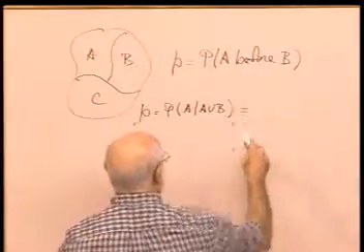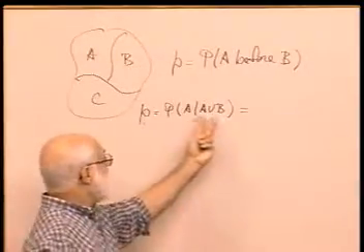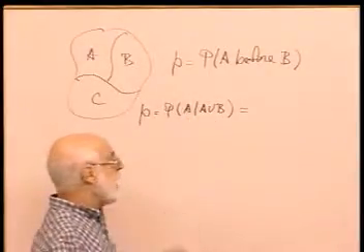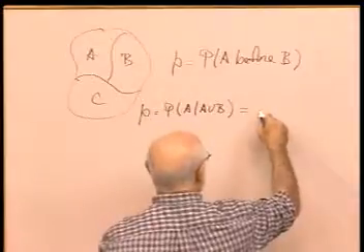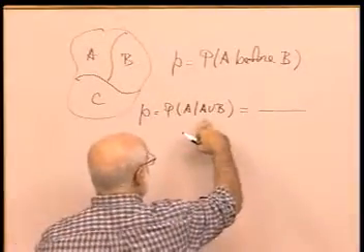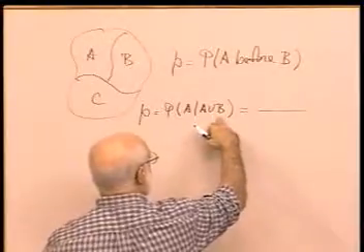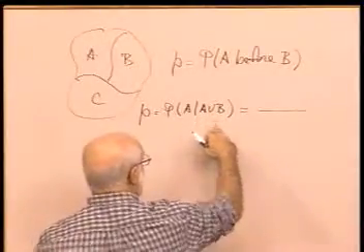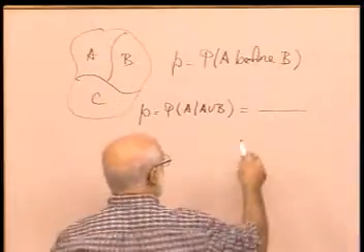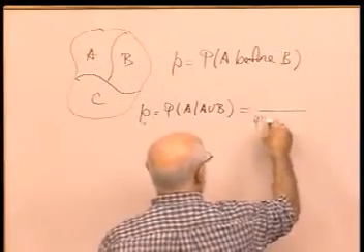If I know that on the final trial I had to have either A or B, and I ask for the probability that in fact it was A, then by the formula for conditional probability, the denominator is the probability of the event which I'm conditioning on, which is the probability of that union. And since these events are mutually exclusive, the probability of the union is the sum of the probabilities.